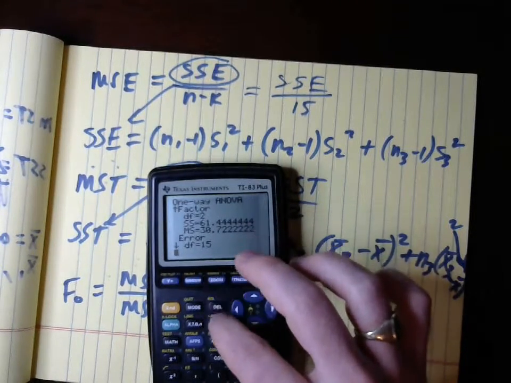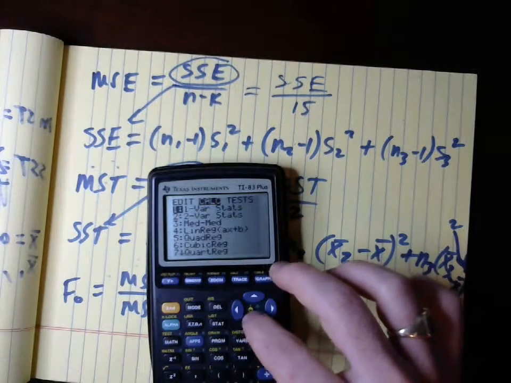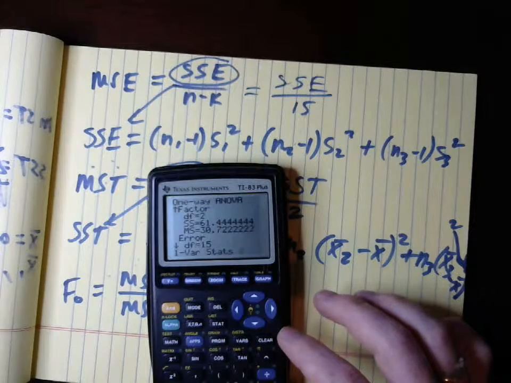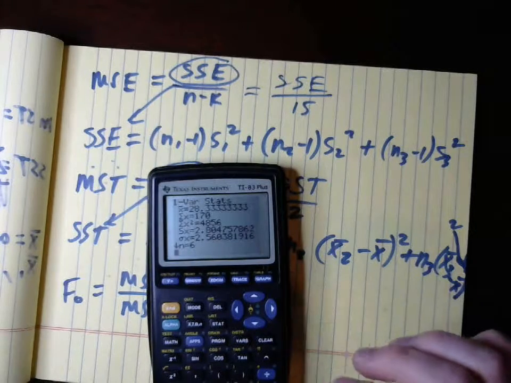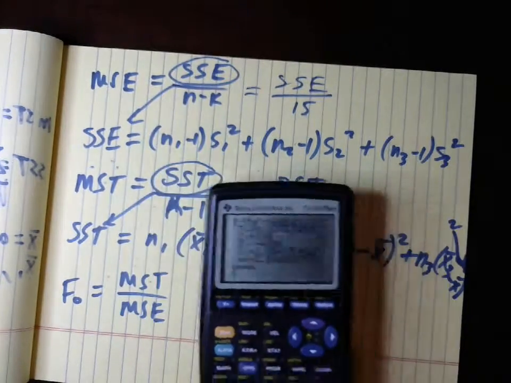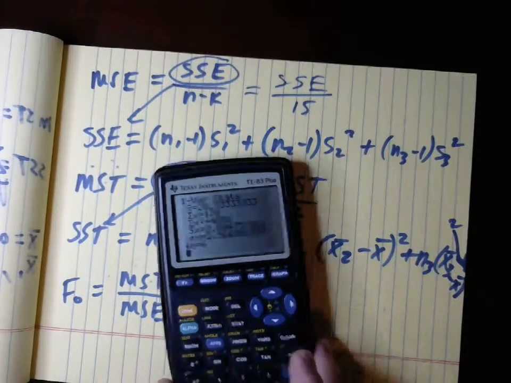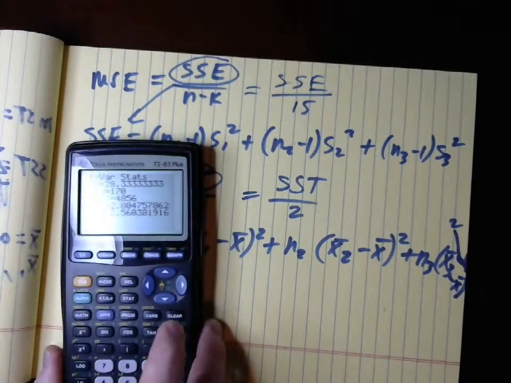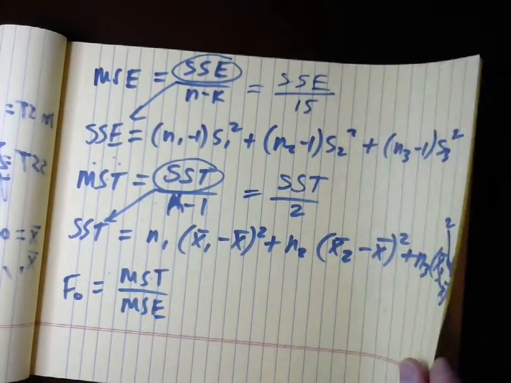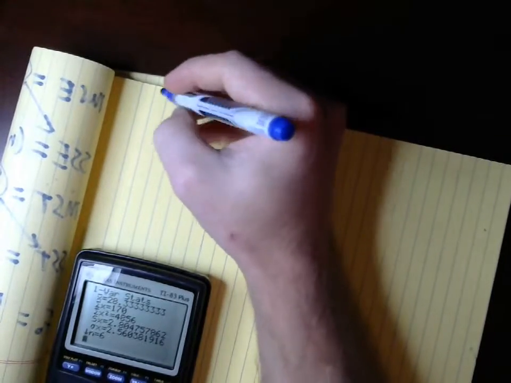So let's go ahead and do stat calc 1var stats. This is the 1var stats on L1. As you can see here, we want to pull out the X bar. I go to the next page. X bar from L1.